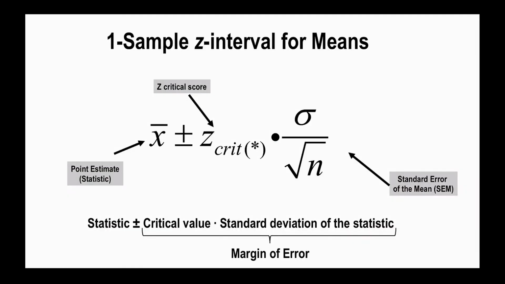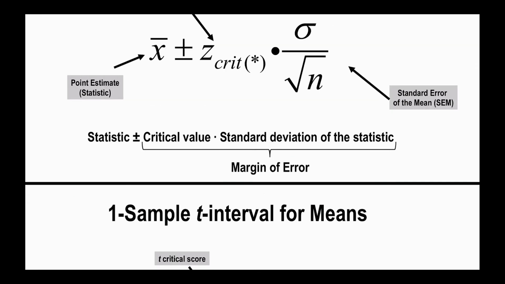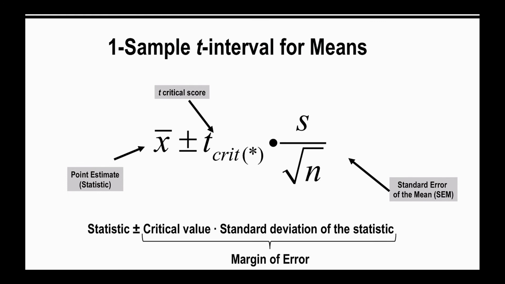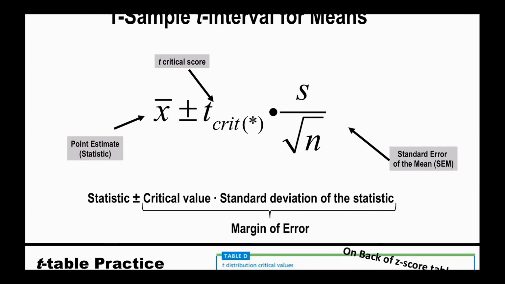If we have it, we plug it in over the square root of n. If we don't have it, that must mean it's T, and we find the standard deviation of the sample. This part is the margin of error, and this part is the point estimate based off our sample.